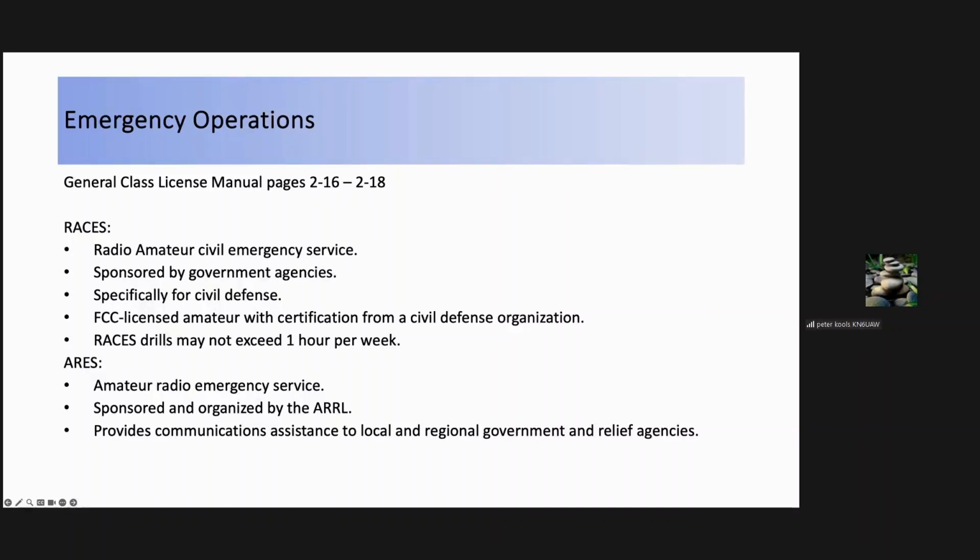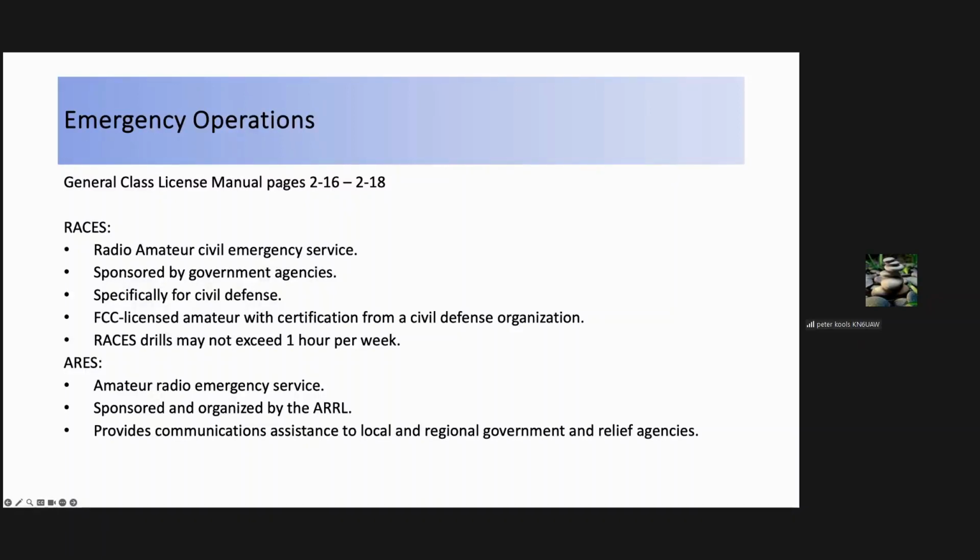The RACES organization, which is the acronym for the Radio Amateur Civil Emergency Service, is sponsored by government agencies. It is specifically intended for civil defense, and an FCC licensed amateur who has received a certification from a civil defense organization can be a RACES member and participate in RACES activities.